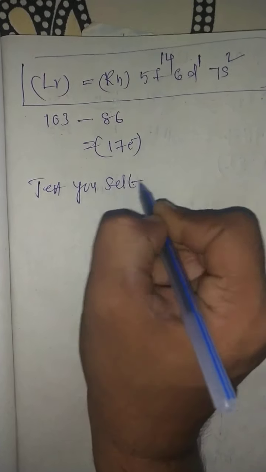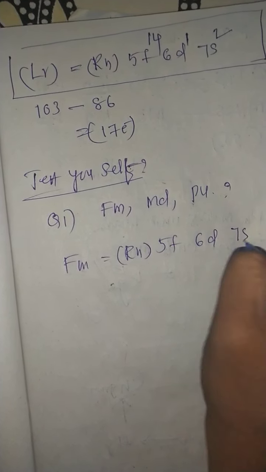Question number 1: fermium electronic configuration, mendelevium electronic configuration, plutonium electronic configuration. So now fermium. Generally radon 5f 6d 7s.